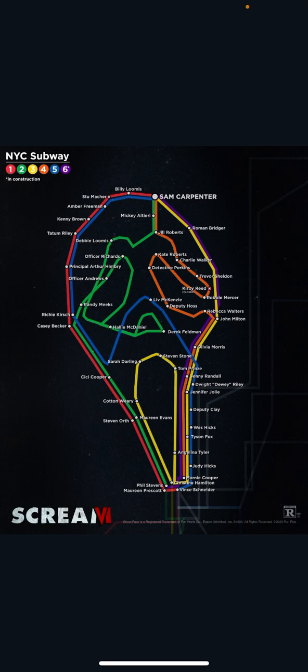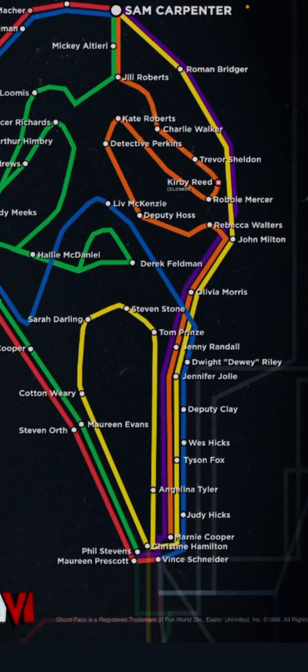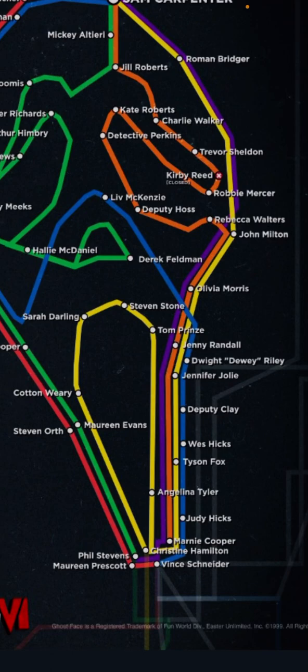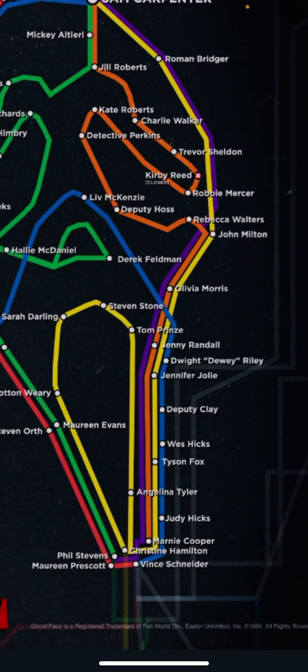But if you look here in the orange section at Kirby Reed's name, it shows a little X mark, and it says closed. It confused me at first, because I was like, wait, why would Kirby Reed's name be here, saying closed with a little X box on it?